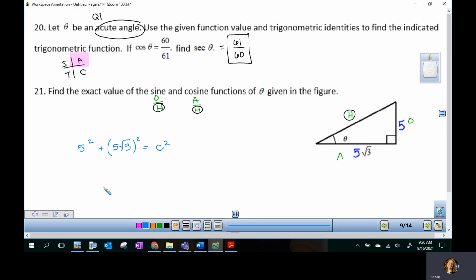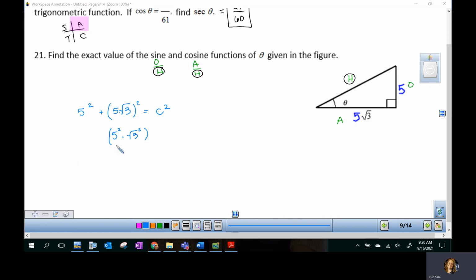Be careful. When you square something, these are being multiplied, right? 5 times root 3. So the 5 gets squared and the square root of 3 gets squared. That's what's happening here. Y'all follow that?